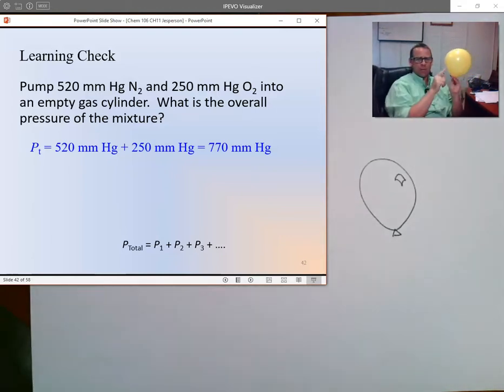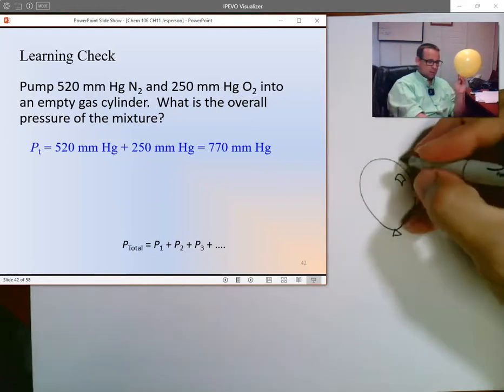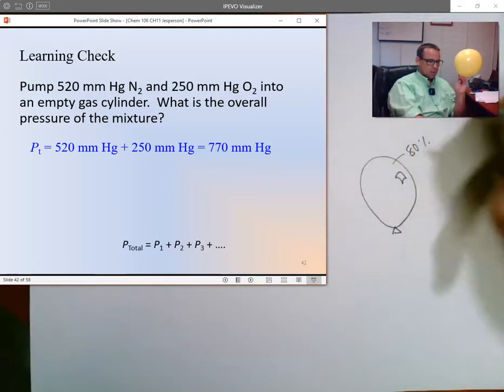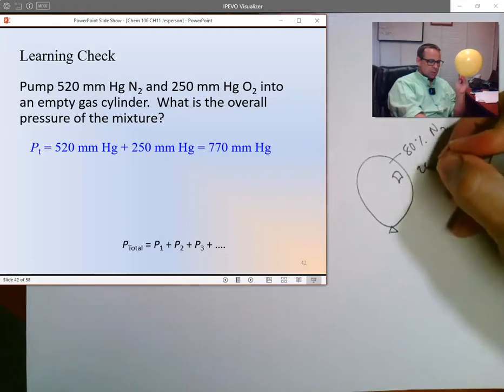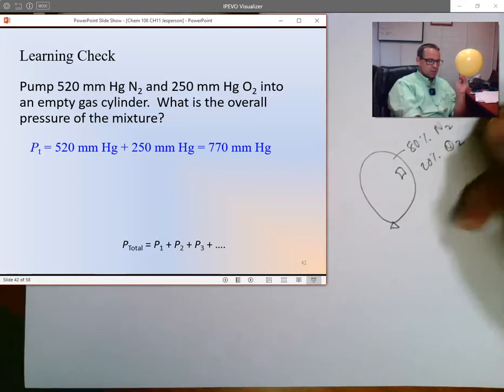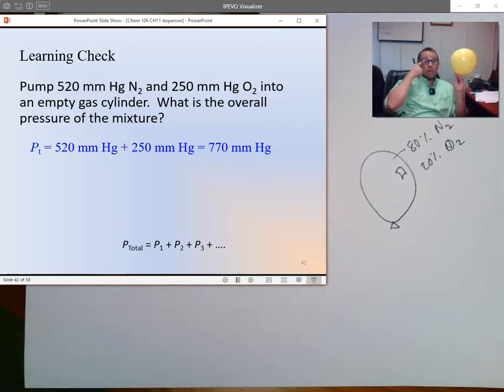What did I just put in there? Very good. What are the components of air? What's the major component of air? Nitrogen. That's right. This is about 80% nitrogen. And what's the second component? Oxygen. Very good. 80% nitrogen, 20% oxygen, a little bit of carbon dioxide.